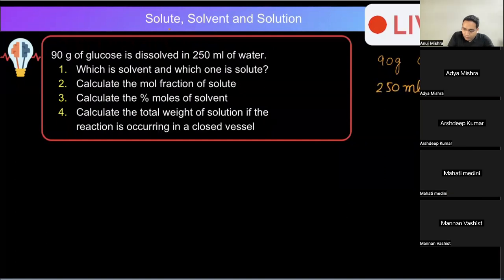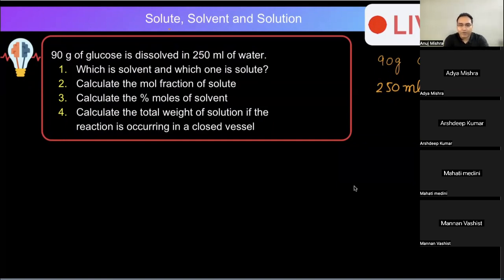Everyone please type in chat box, what is the density of water? We have discussed this a number of times. 1000 kilogram per meter cube or 1 gram per centimeter cube.